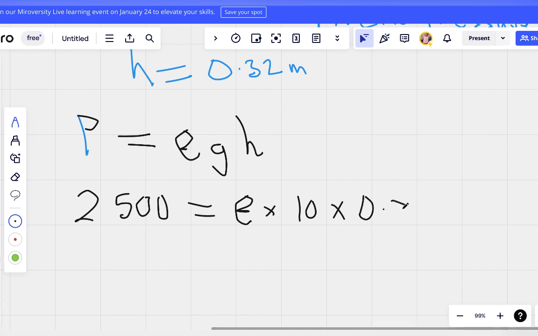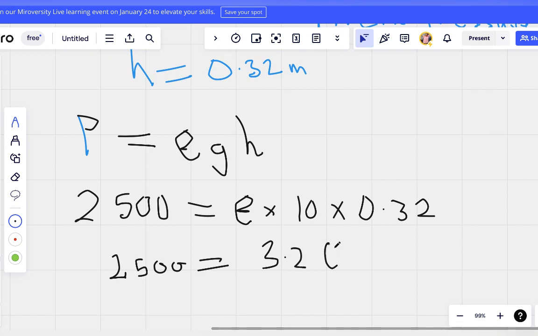We can double check if the height is actually 0.32. Okay, so if you multiply 10 by 0.32, you get 3.2. So the pressure 2,500 is equal to 3.2 times rho, which is the density.